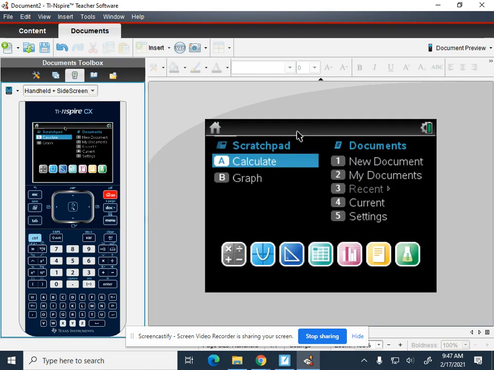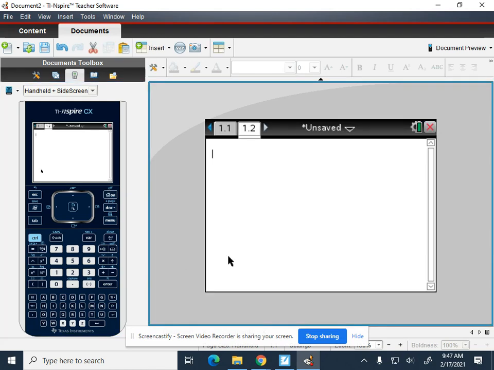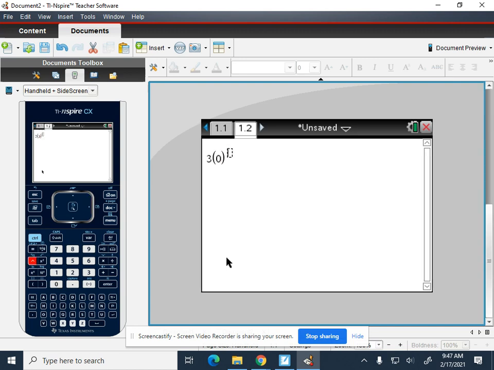Okay, so I'm going to get a fresh page on here. 3 parentheses x squared. I'm putting in 0. What's 0 squared? 0 times 3 would be 0. Should make sense. Okay? Now I'll put in -1.